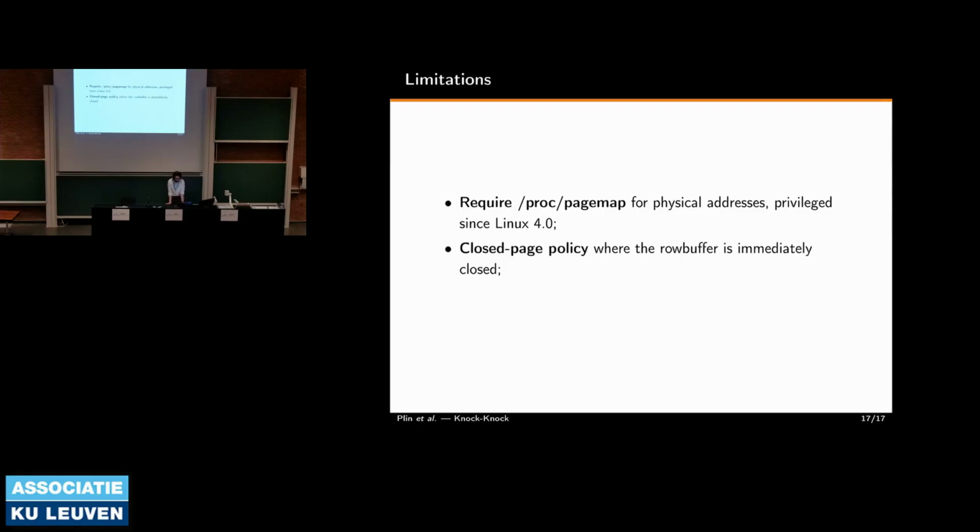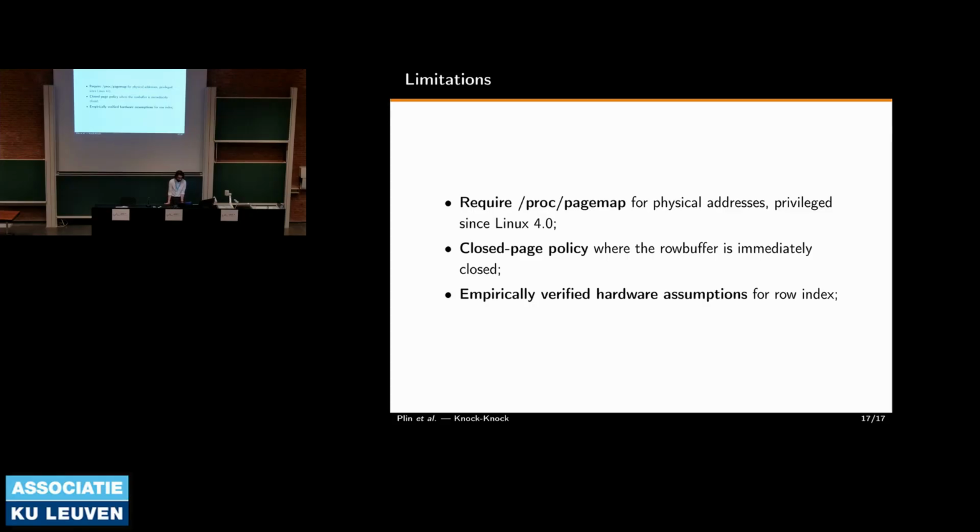We also observed one case of closed page policy. It's a case where the row buffer is actually not used, and therefore the side channel completely disappears because all DRAM accesses will take the same amount of time. Also, our methodology still relies on some assumptions.